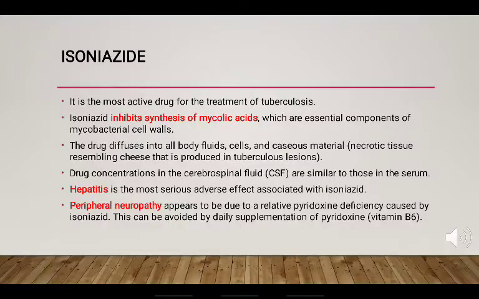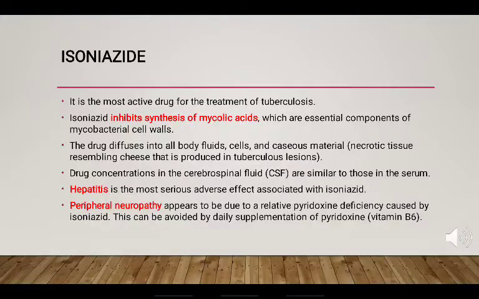It can also cross the meninges, and the concentrations of isoniazides in the CSF are similar to that of the serum. So if you have TB meningitis, then isoniazide is a good drug of choice for treatment of TB meningitis. Okay.